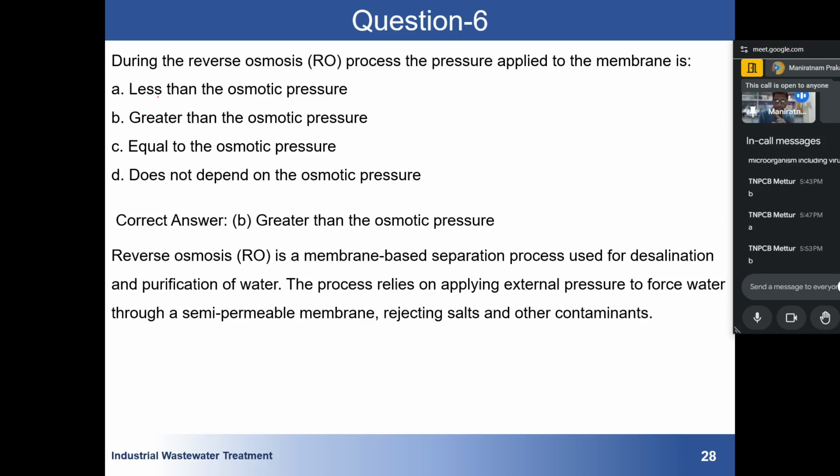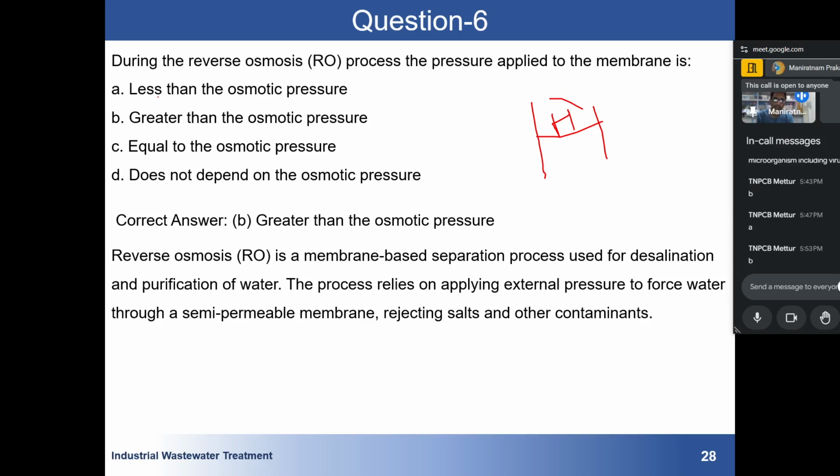Generally, in soil and water, this osmosis effect is seen. But in reverse osmosis, what is happening is that we have contaminated water, where the concentration is high.